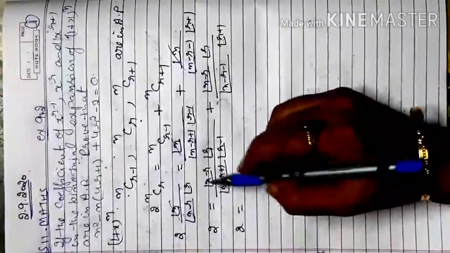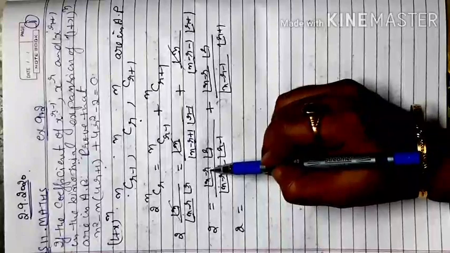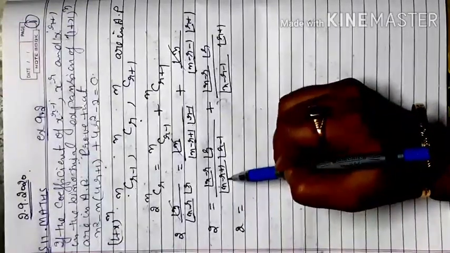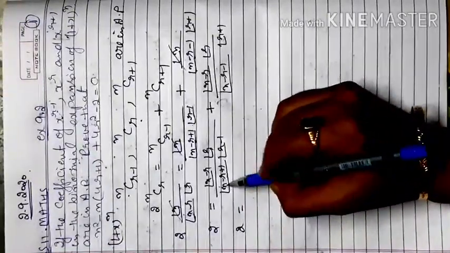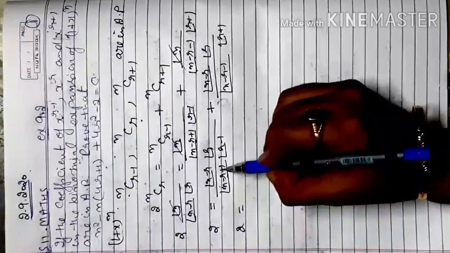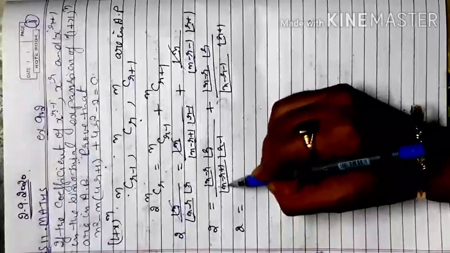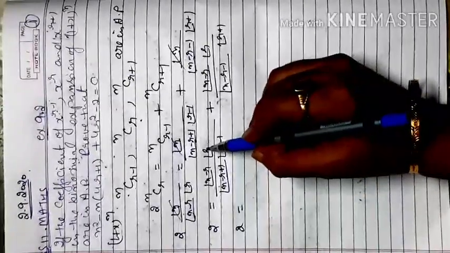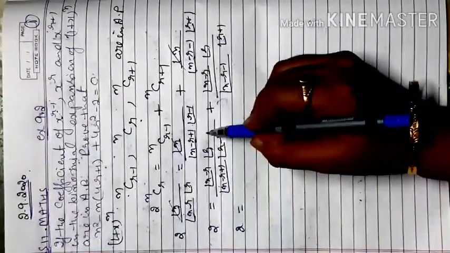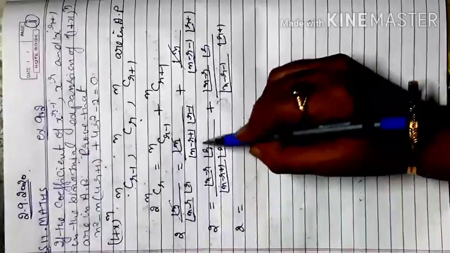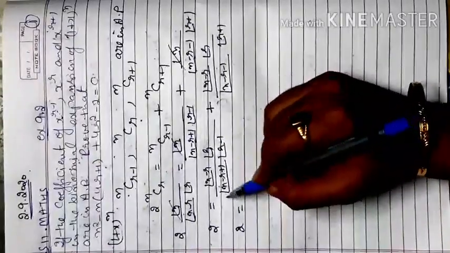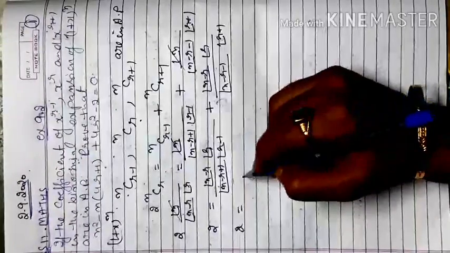So when you look at this one, n minus r is smaller than n minus r plus 1, because when you subtract 1 from that, the previous term is n minus r. So we need to open only this one, and here also the term previous to r is r minus 1. So here in the numerator I open this r and in the denominator I open n minus r plus 1.